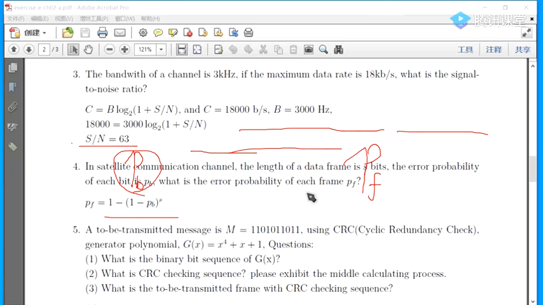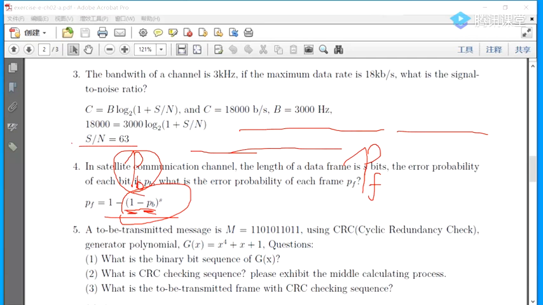The error probability of each bit is PB, so the correct probability of each bit is 1 minus PB. If all S bits are correct, then the frame is correct.